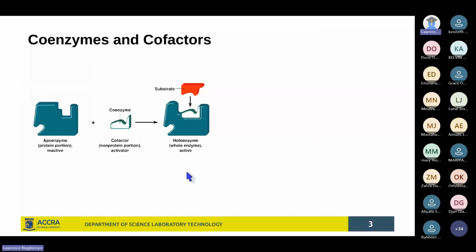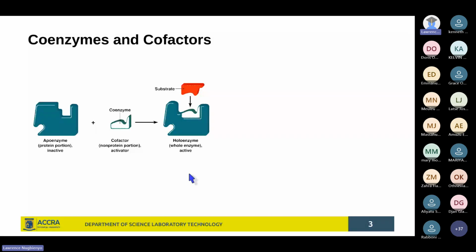Right. We continue to look at coenzymes and cofactors. In our last lecture, I briefly mentioned cofactors and coenzymes, and I made a point that even though these two terms are used interchangeably, in some biochemistry textbooks, you see a distinction between coenzymes and cofactors, and that is actually how it should be.